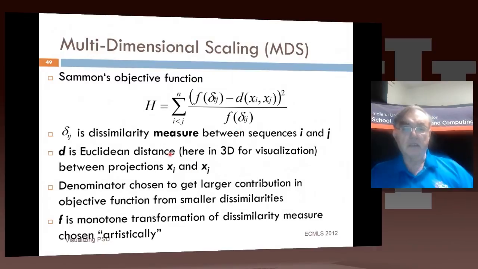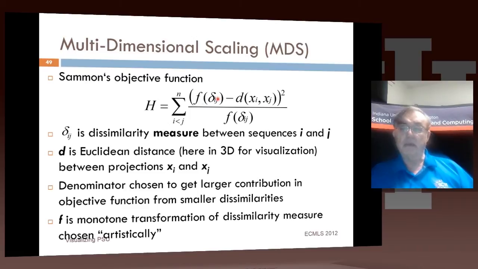And this slide here points out how you do this particular multidimensional scaling. For those familiar with the chi-squared concept, it's basically chi-squared. You map your sequences to points xi; sequence i goes to a point xi in 3 dimensions. You calculate the distance between sequence i and sequence j in the original space. You apply a monotonic function to that calculation to make it have better properties.